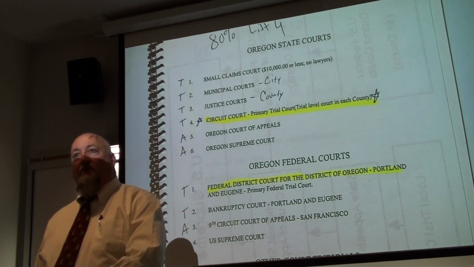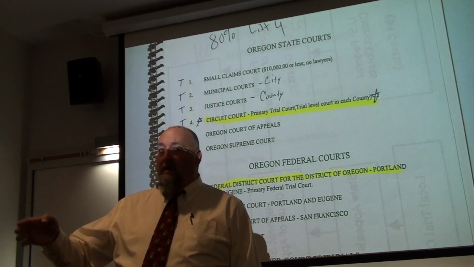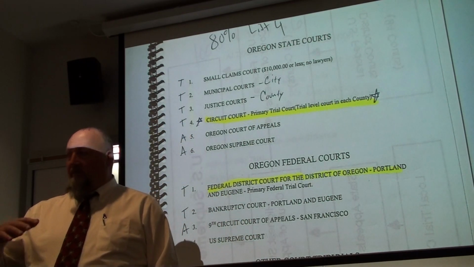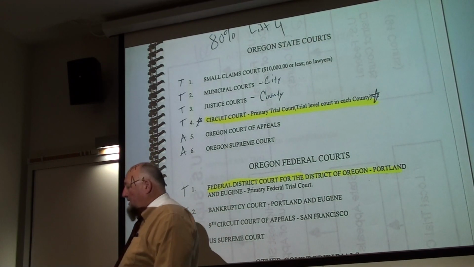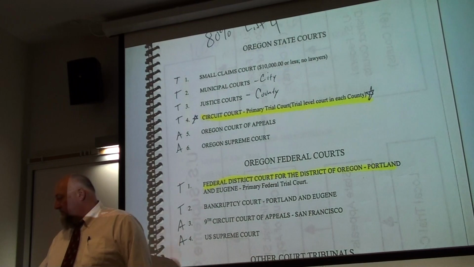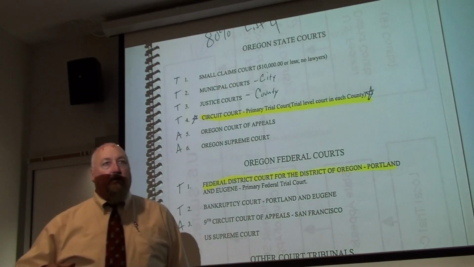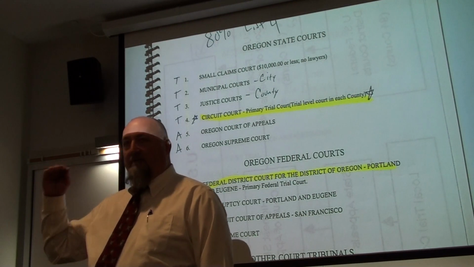Answer, the Federal District Court. What is the name of the primary trial court in the state of Oregon system? Answer, Circuit Court for the state of Oregon, whatever county you're in. Sometimes I'll do something like this. I will make you put the courts in order of authority. And if I do that, what's always number 1 in terms of level of authority?